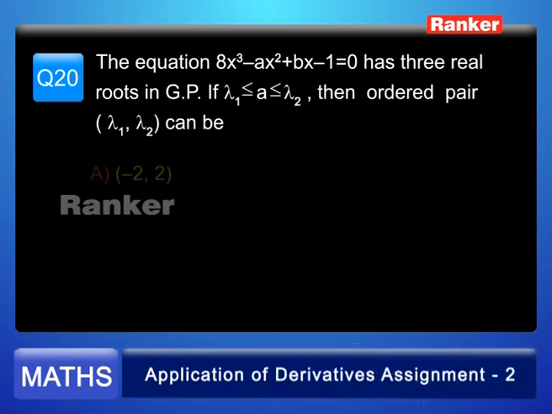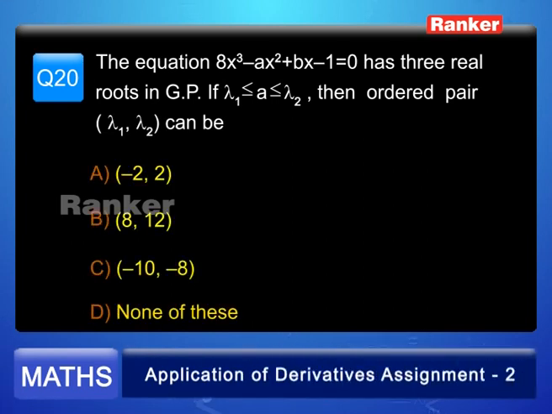Next question, the equation 8x cube minus ax square plus bx minus 1 equal to 0 has 3 real roots in geometric progression. If lambda 1 is less than or equal to a less than or equal to lambda 2, then the ordered pair lambda 1 comma lambda 2 can be.